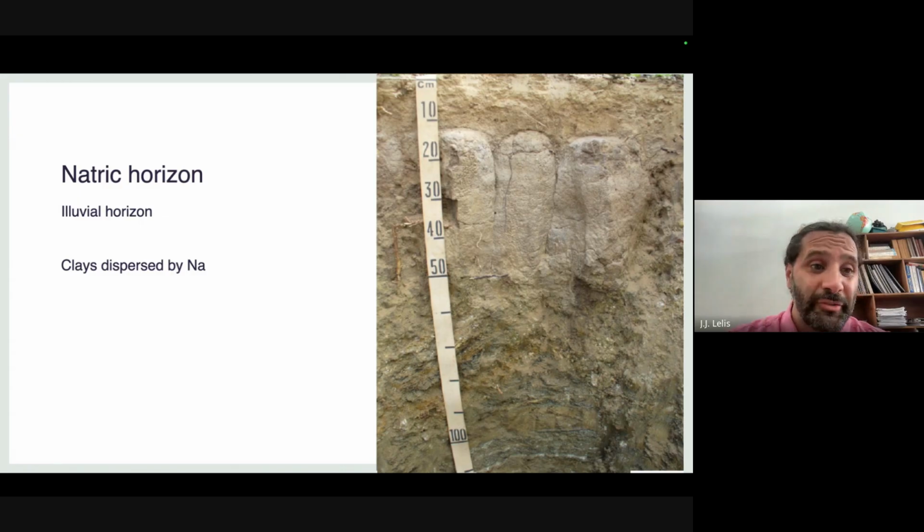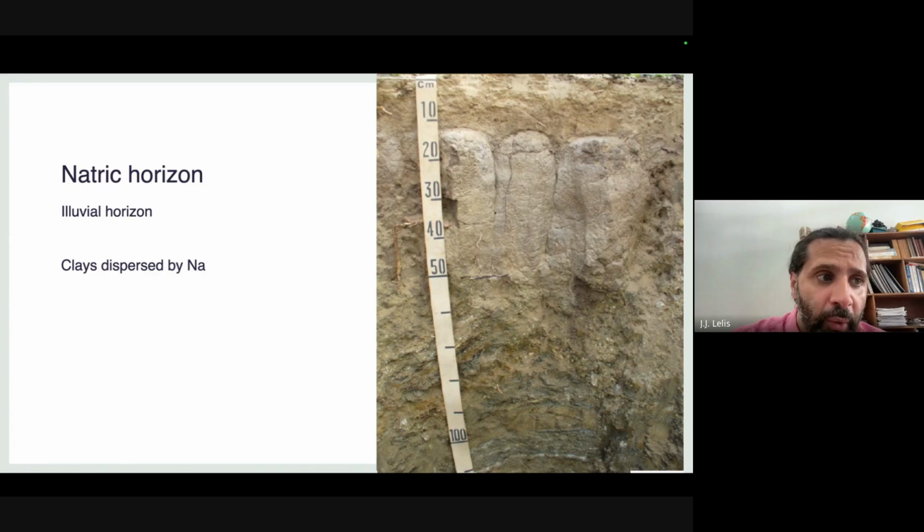Because of one or more of these processes, you register a difference of clay content between the surface and subsurface horizons. The higher clay content at the subsurface horizons induces variations of chemical and physical soil properties.